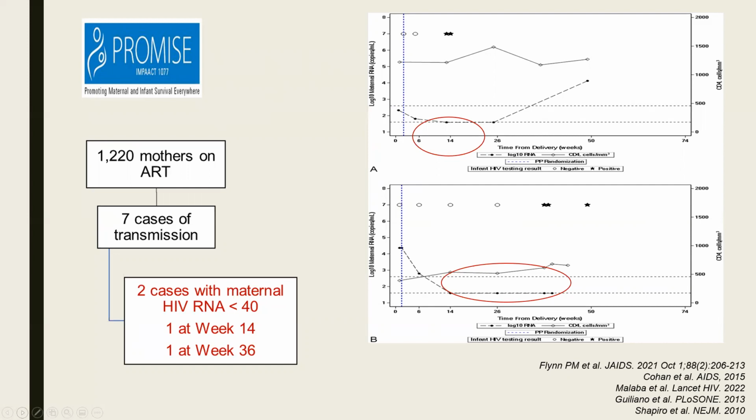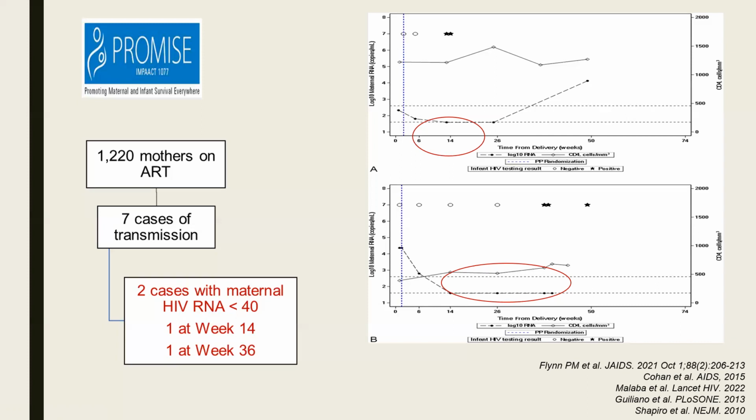And what I want to bring you in close here is the red circle. The red circle shows you that there were 2 actual cases where the mom had undetectable viral loads during breastfeeding, but still transmitted HIV through the breast milk to the infant.